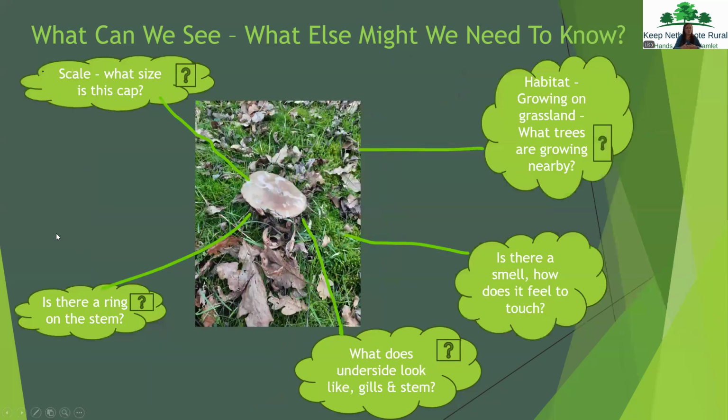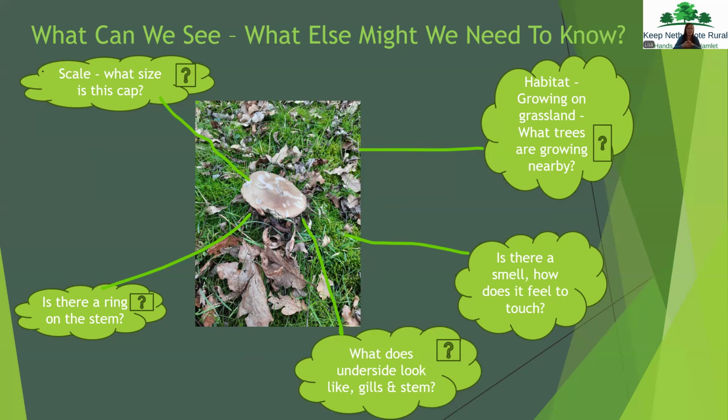So then let's move on to some fungi, and again, completely different features, but this will have its whole own set of features. So in terms of this picture that we've got, we've got a clear picture of the top of the fungi, but actually, do we need some scale for this?